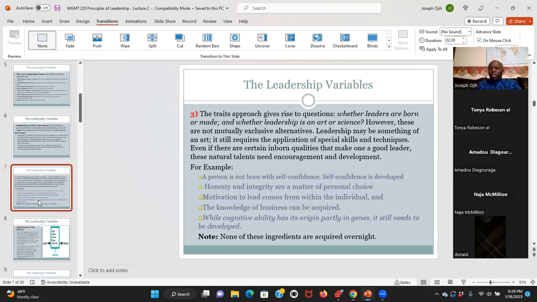So, in a similar vein, even if there are certain inborn qualities that make you a good leader, if you don't nurture those talents and develop them, if you don't nurture and encourage them, then they may not manifest. The talent will become wasted.